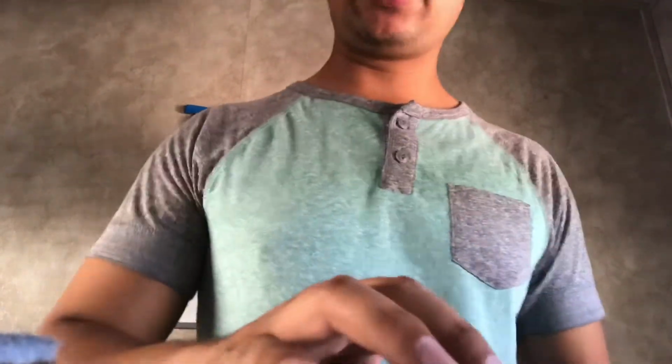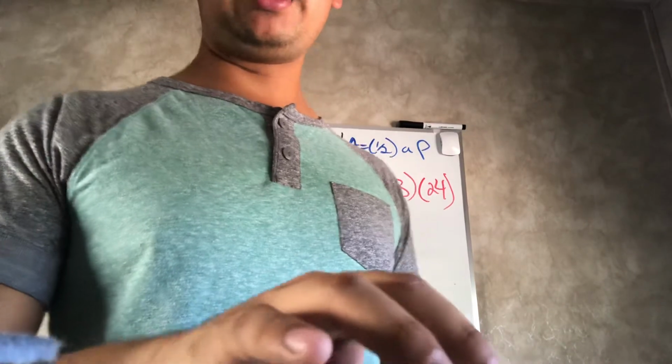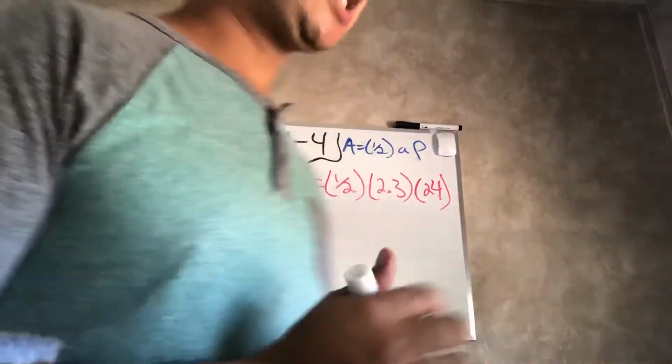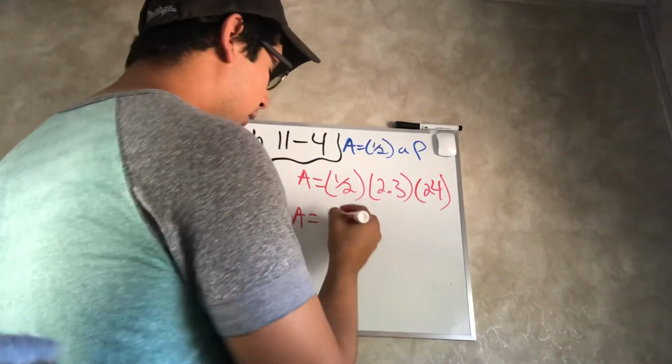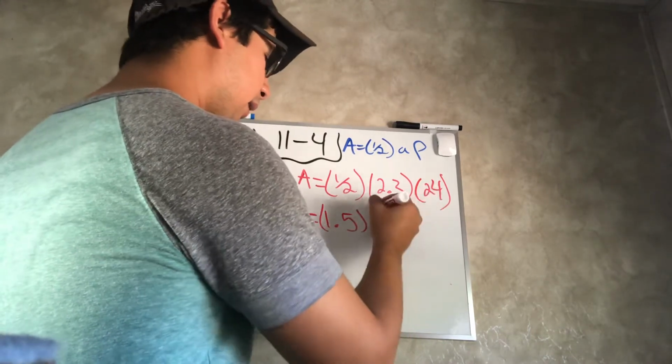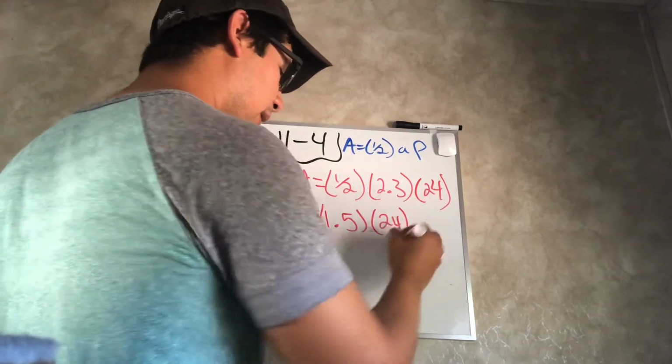So we have 2.3 times 1/2, or times 0.5. That gives me 1.15. So this here gives me 1.15 times, I still need my 24, times 24.